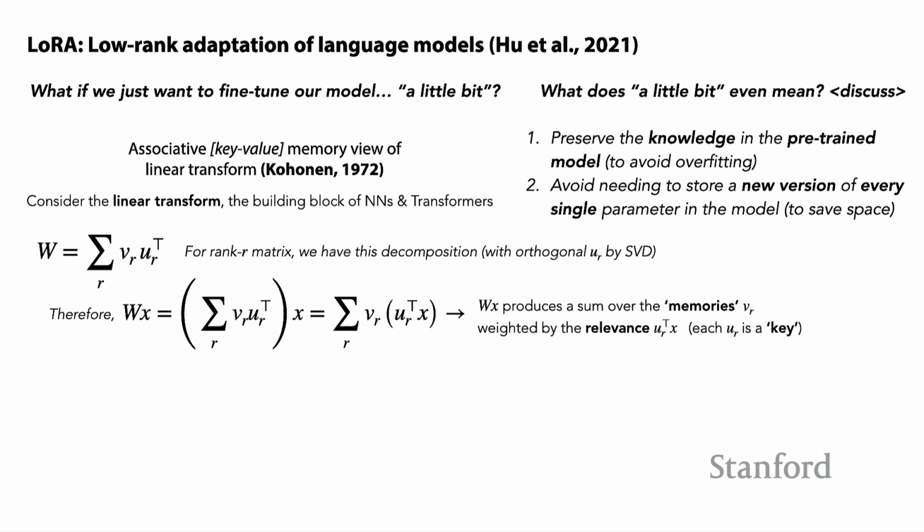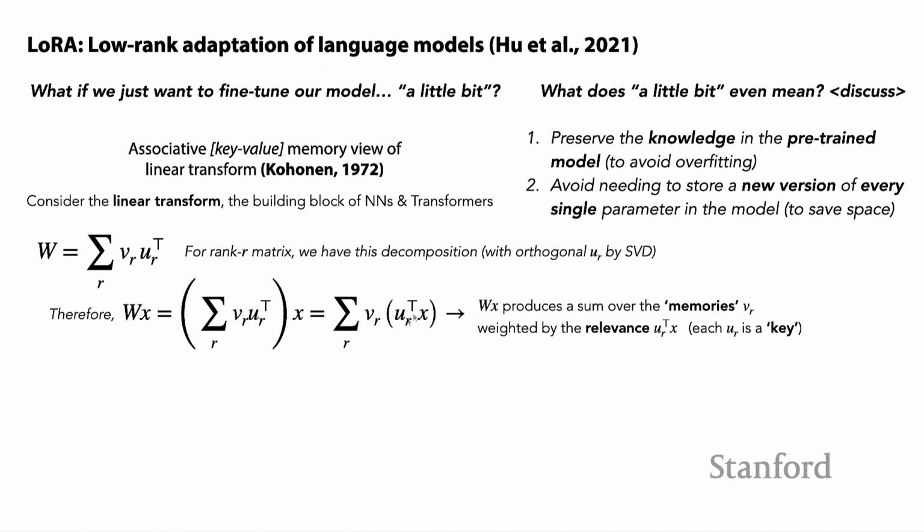And one way we can interpret this is that the matrix-vector product Wx is really outputting a sum over what we can think of as memories. So each v_r is like a memory, and each u_r is like a key that determines how relevant a particular input is to that memory. So if x is totally irrelevant to a particular memory v_r, then x will be orthogonal to u_r.